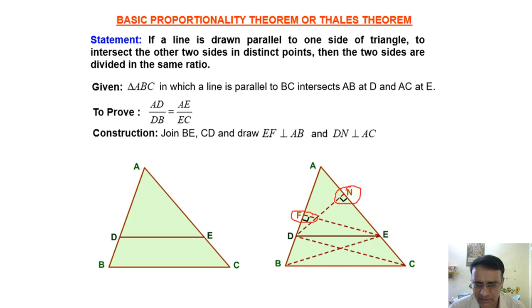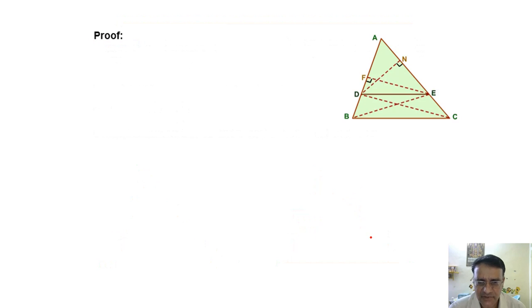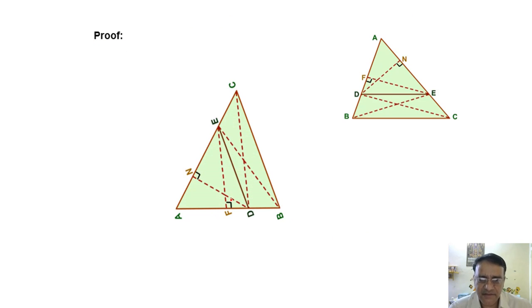सबसे पहले हम लोग EF altitude लेंगे. See this figure. Now EF is the altitude of two triangles, in fact three triangles. I'm not taking the full one, that is ABE. ABE का दो पार्ट है, that is ADE and BDE. That two triangles only I'm taking for the ratio.